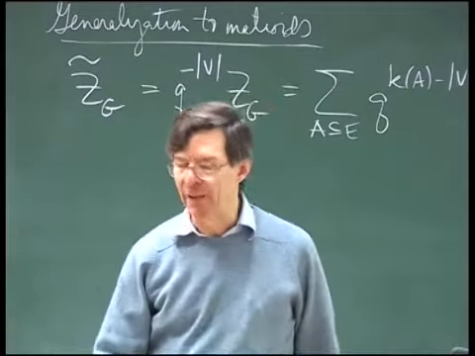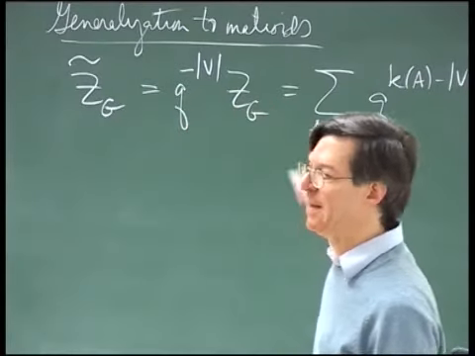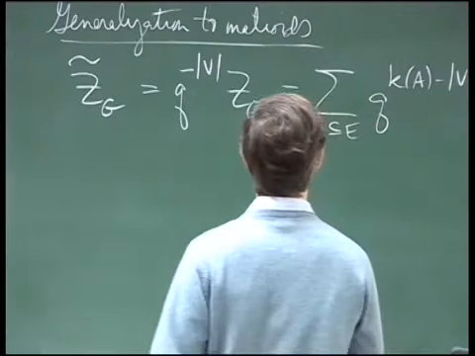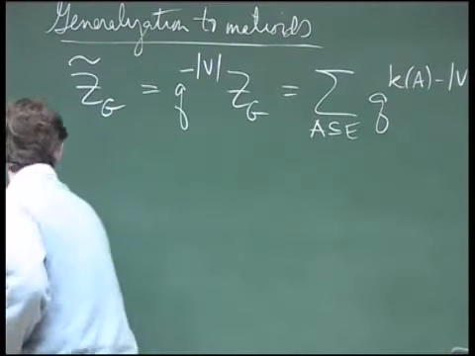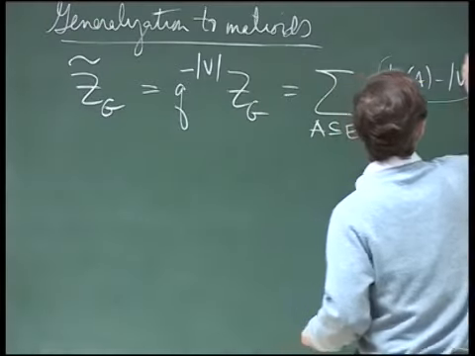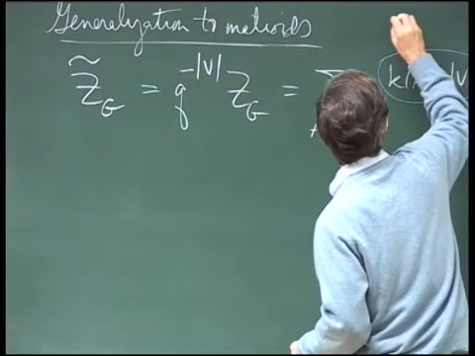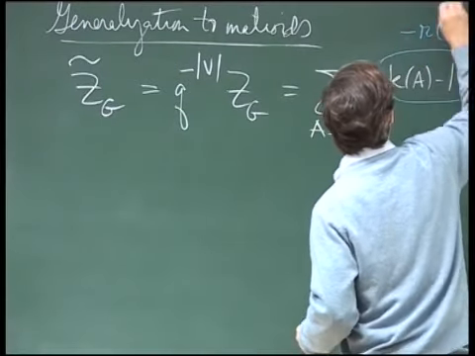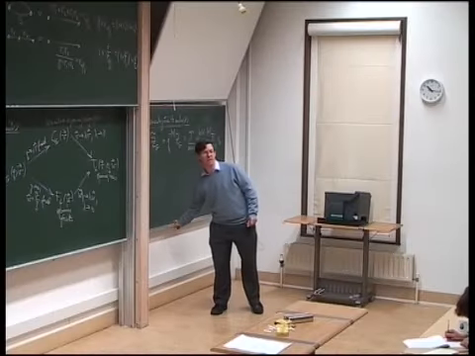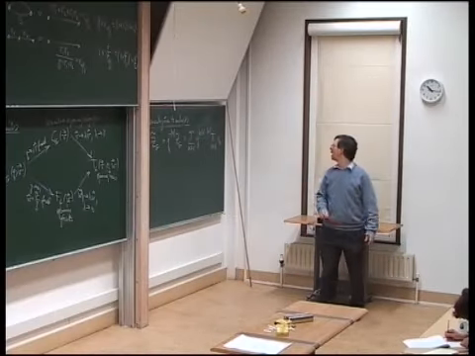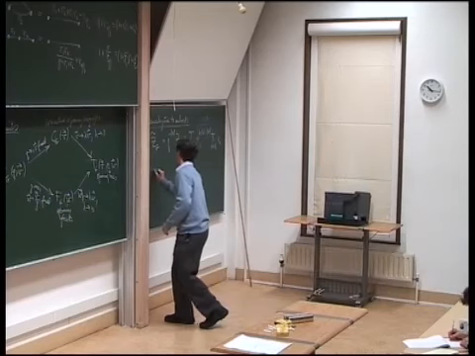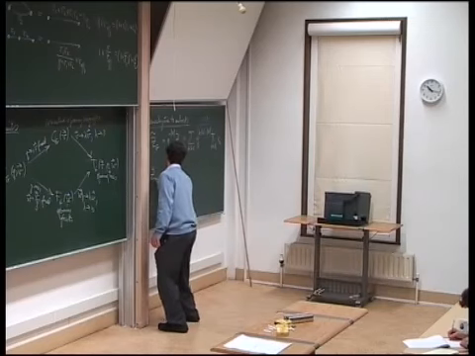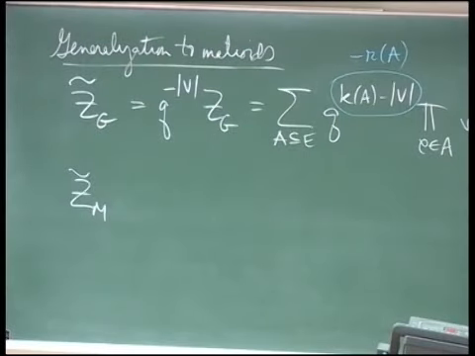You now have a polynomial in the v's and in the variable 1 over q. And then you realize that this, in matroid terms, is minus the rank of the subset A in the cycle matroid of the graph. So you just say, OK, I will make the definition for any matroid M.